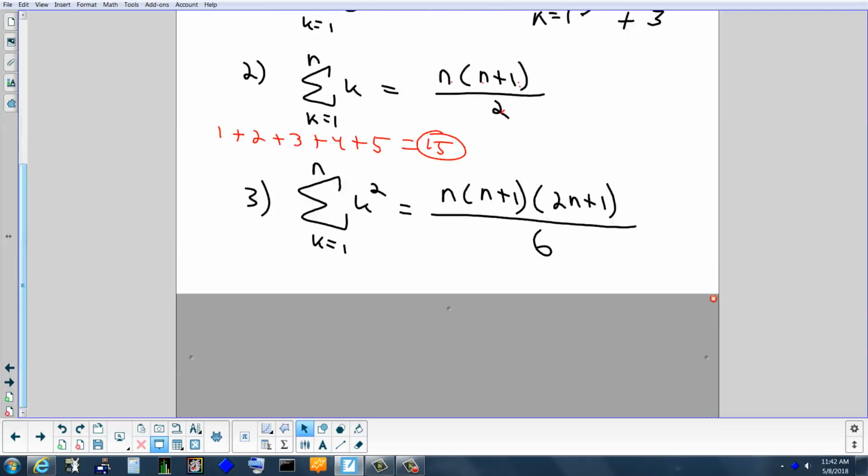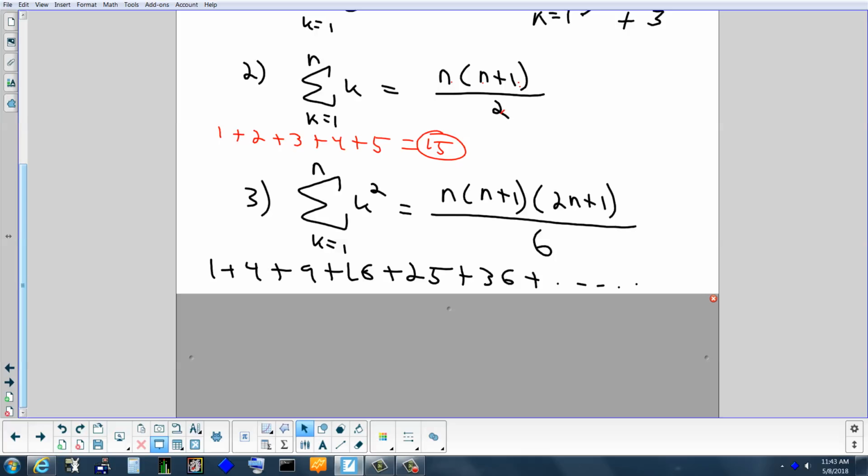Okay. Here's a shortcut for adding up squares. Perfect squares would be like 1, 4, 9, 16, 25, 36, and it keeps going. So that would even be a little harder for me to do because the result would be a lot bigger.